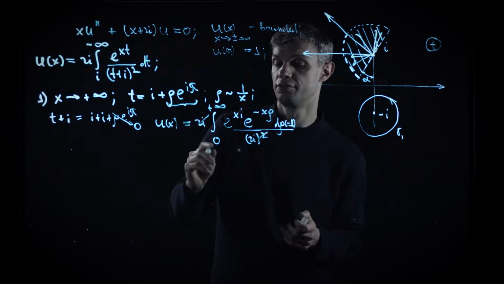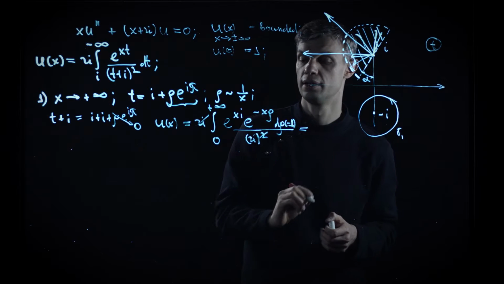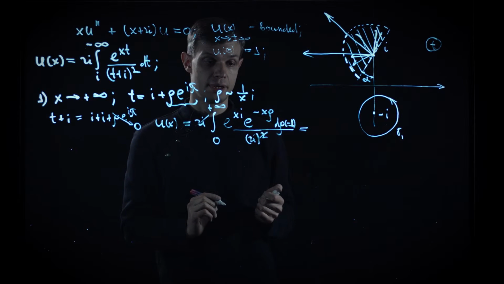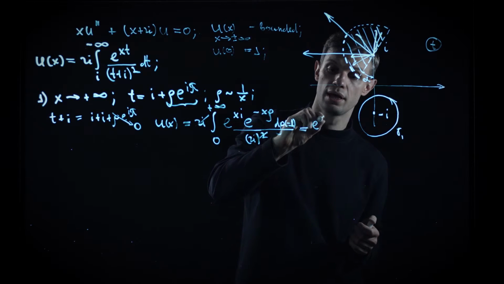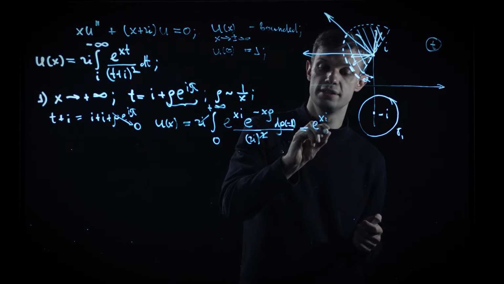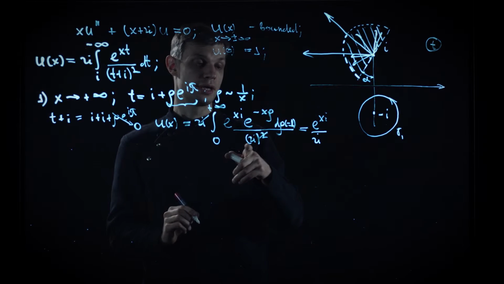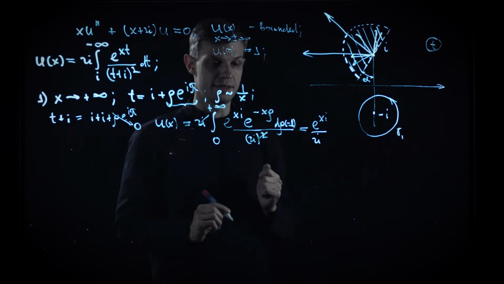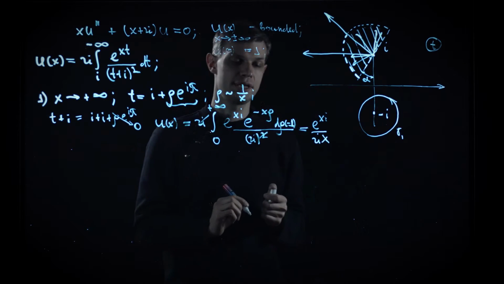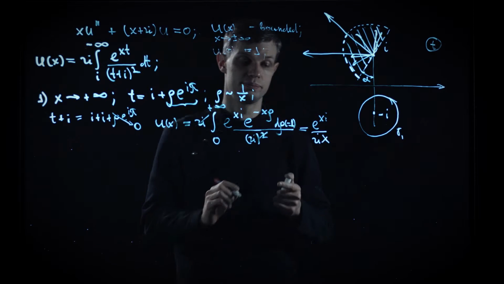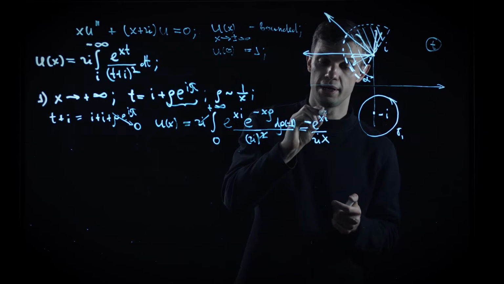So getting rid of the additional 2 i's, we get the final answer, which is simply e to xi divided by 2i, and the elementary integration gives us 1 over x in the denominator, and if I didn't get anything wrong here, an additional minus sign.